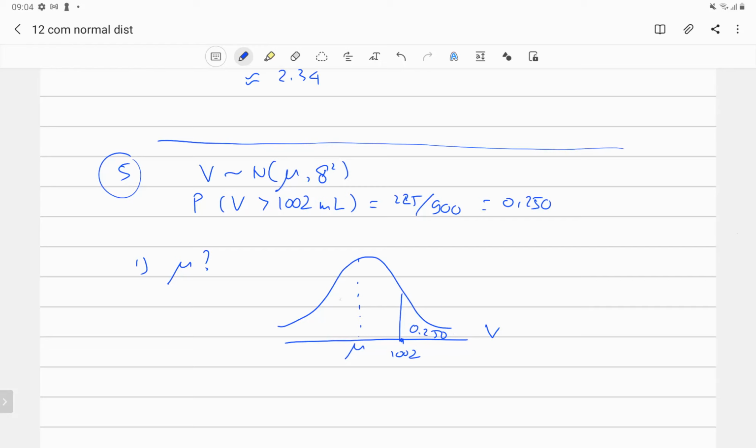So we're not going to put the line to the left of the average value. We're going to head to the right because it's less than half. So if this is 0.250, then this is 1 minus 0.250, or 0.750.